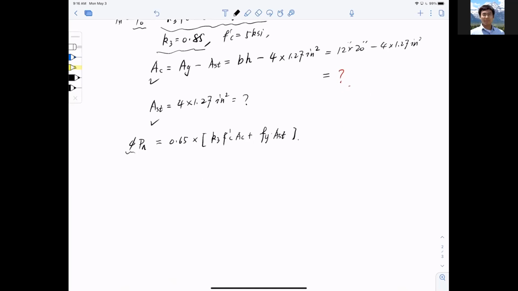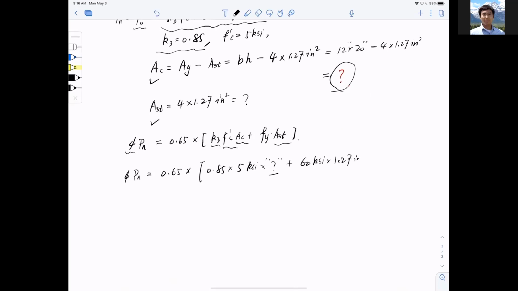So you bring the numbers in: phi Pn equals 0.65 multiplied inside by K3 0.85, f prime c 5 ksi, Ac, you calculate some number from here, plus Fy 60 ksi multiplied by Ast, 1.27 inch squared multiplied by 4 bars. That is what we have here.